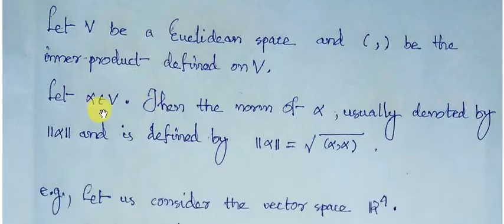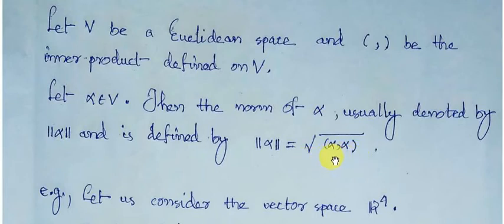And alpha being a vector of V, if we consider the ordered pair, that means the point alpha comma alpha, this will be from V cross V, that means the domain of this inner product function, and this being a real inner product, obviously this number will be a real number. And we are considering the positive square root of this functional value.